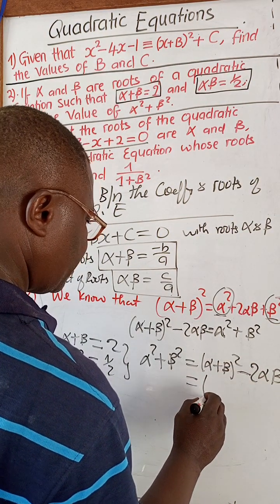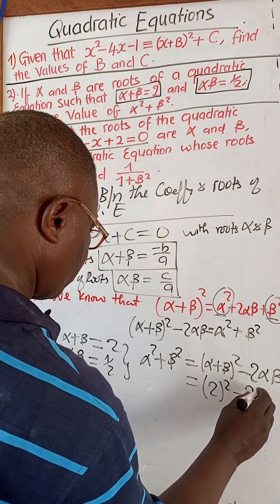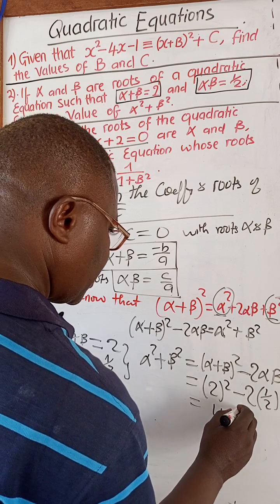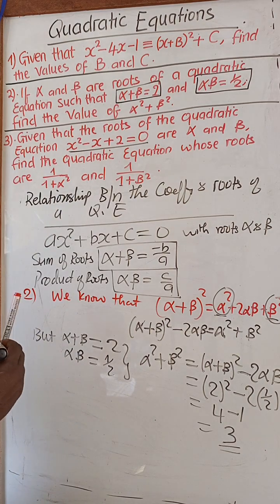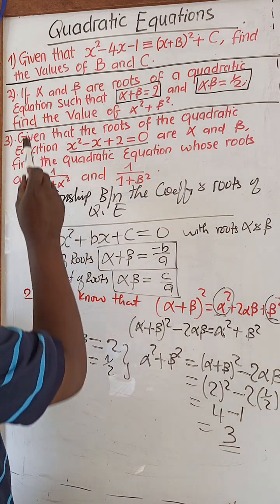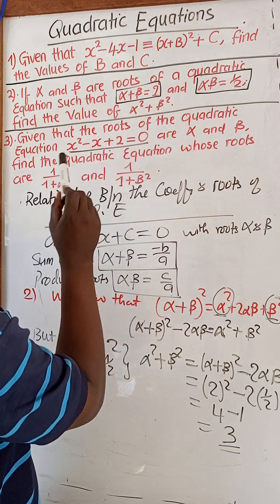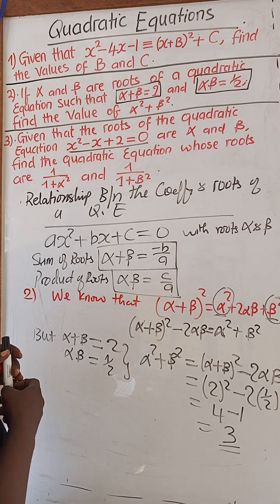Okay, that will be alpha plus beta is 2, squared, minus 2 alpha beta. This gives us 4 minus 1, which is 3. Alright? So that solves our second question. The value for alpha squared plus beta squared when we know the sum and when we know the product. Okay?